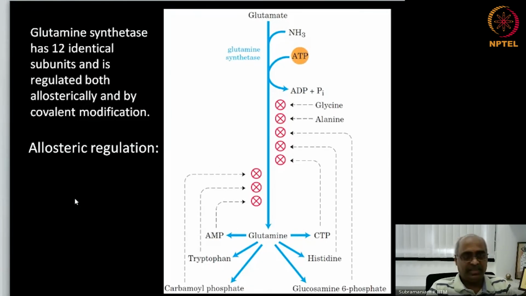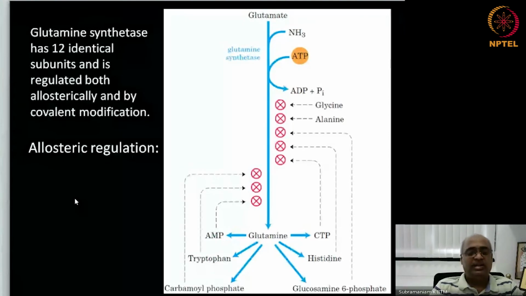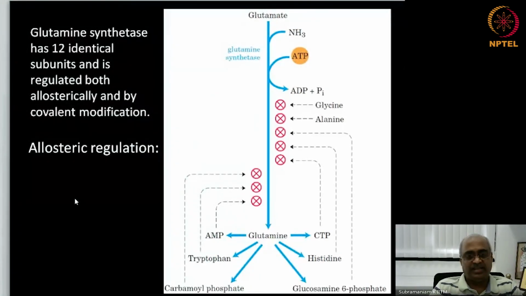So first, this enzyme is subject to allosteric regulation, meaning molecules binding to a site other than the active site, altering the catalytic activity of an enzyme. So it is subject to feedback inhibition by a variety of amino acids.